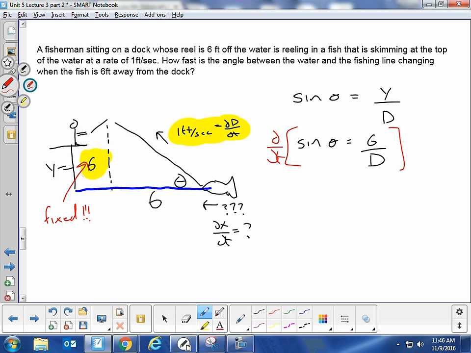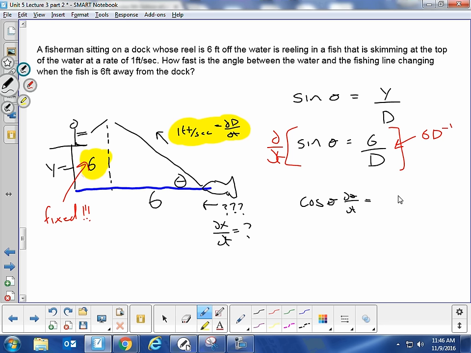Why not? Because this is 6d to the negative first. Okay? So if I have something in a denominator, I would rewrite it as 6d to the negative first. And when I take the derivative, the left side is cosine. That's easy.